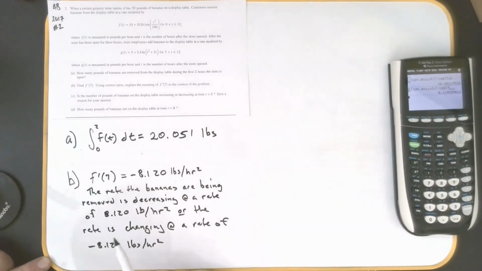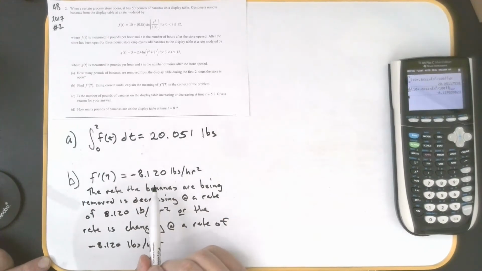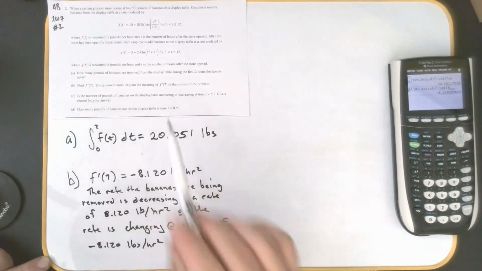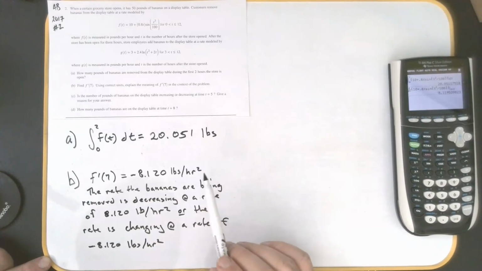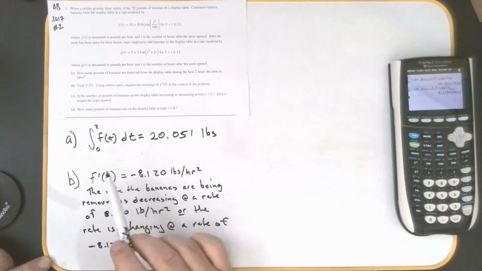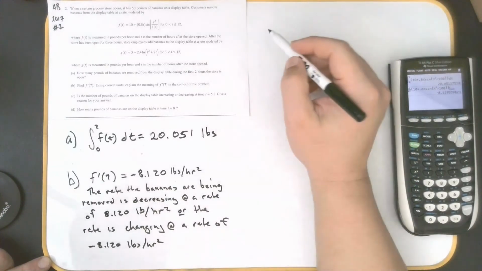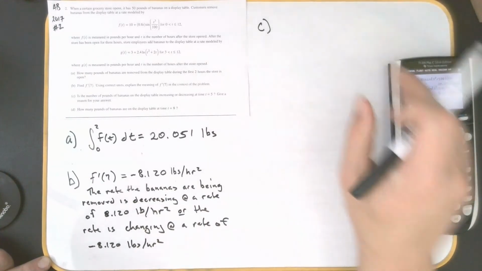Either one is acceptable. So we found what f prime of 7 was, negative 8.120, and using correct units, we explained what it meant. It meant that the rate was changing, or the rate was decreasing. And that's part B. All right, let's move on to part C.